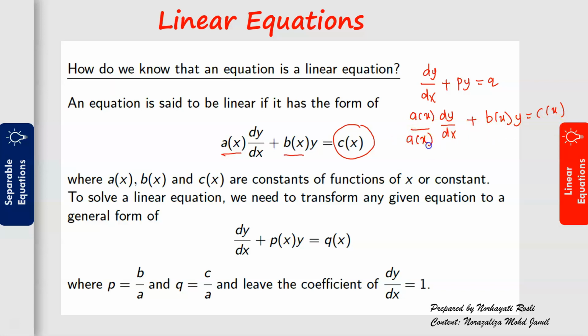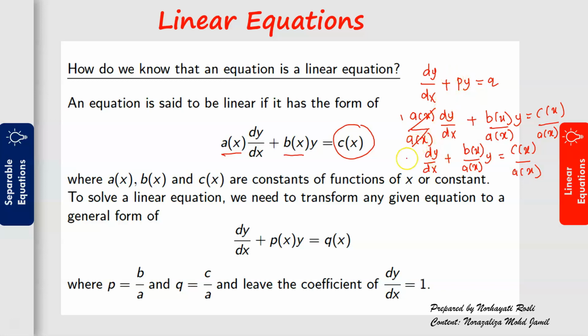I divide this one by a(x), and also this one we divide by a(x). This one will become 1, which means I will have dy/dx plus b(x) over a(x) y equal to c(x) over a(x).